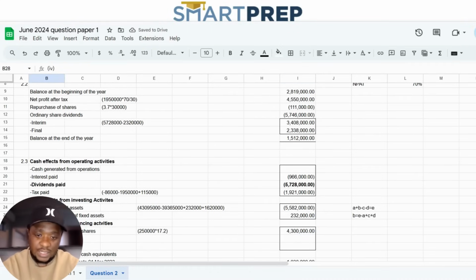Okay, and then after that, we would look at the repurchase of shares. Now we have to think about the fact that there was an average issue price, and then there's the above average issue price. So what was the average issue price at the time of this repurchase of shares? Because when it comes to the cash flow, we don't split.